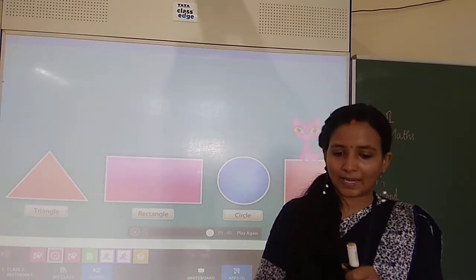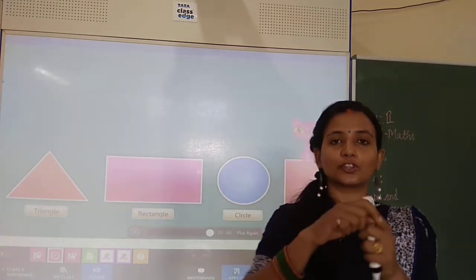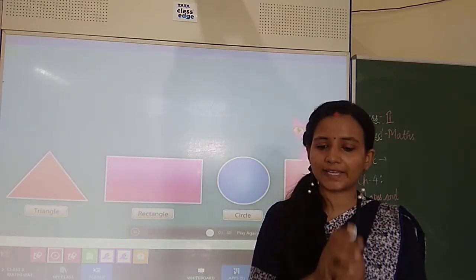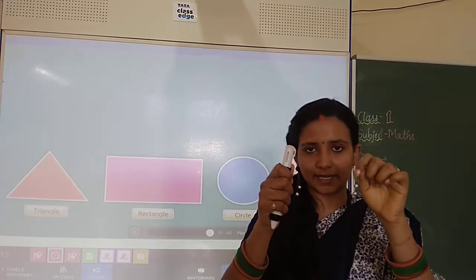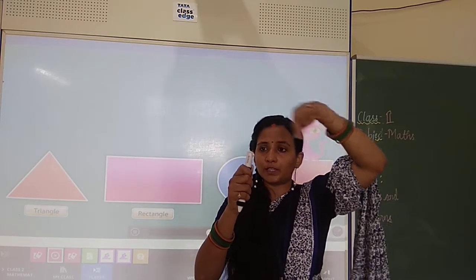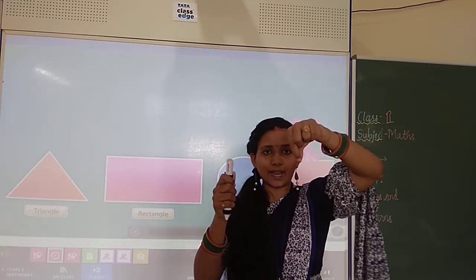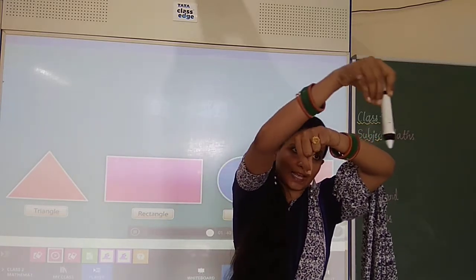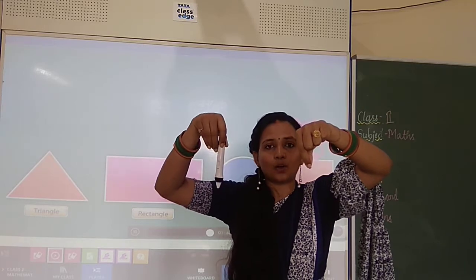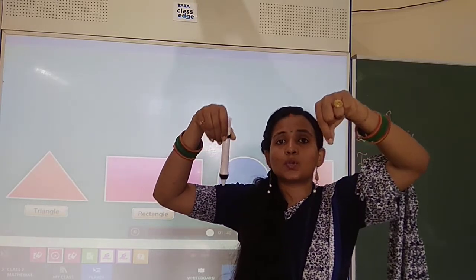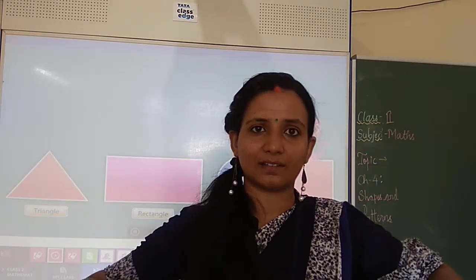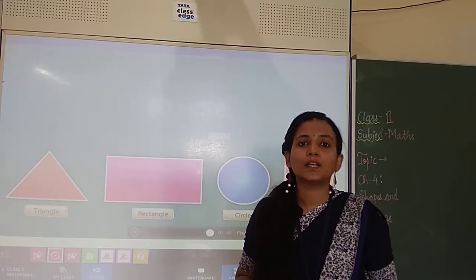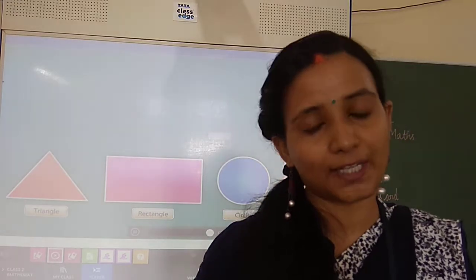Take your pencil, tie it with a thread, any length of thread, and hold it till here and keep one hand constant and rotate this pencil around it. What you will see is a circle. Yes, starting point and ending point are the same. So that is your circle.